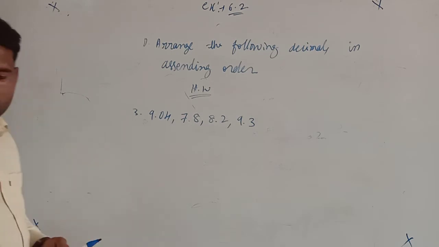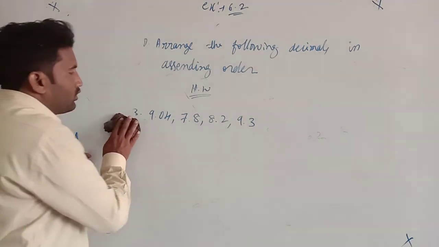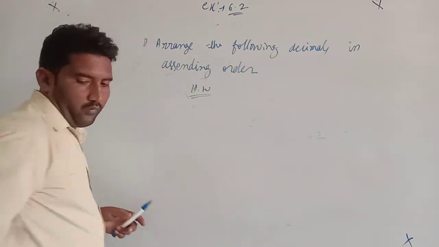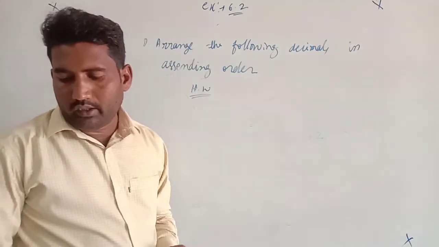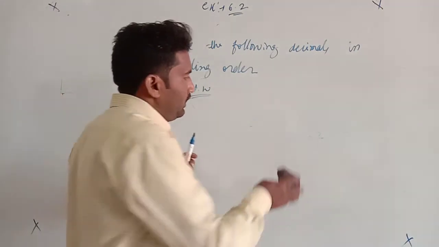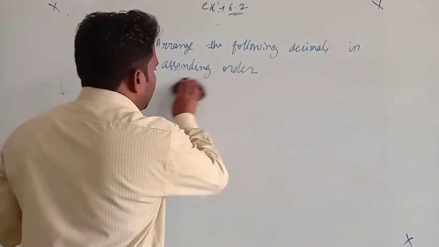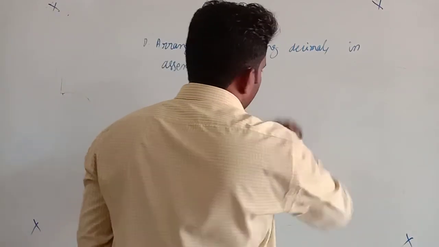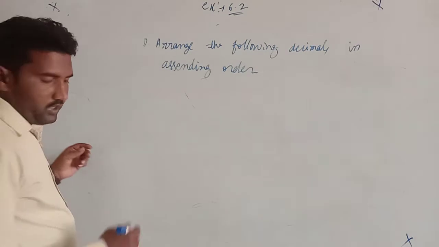So next, arrange the following decimals in descending order. Descending means we have to write from greatest to smallest. We should write the highest first, next the second highest, in third place the third greatest, and the last one is smallest.